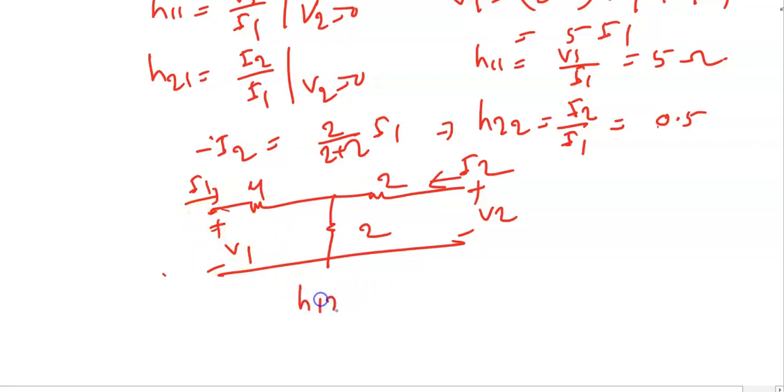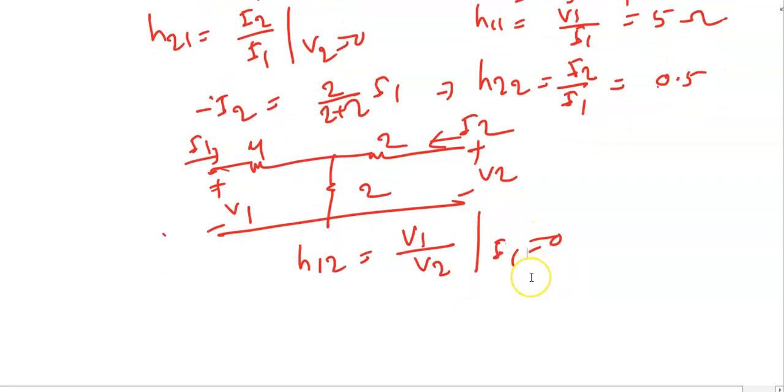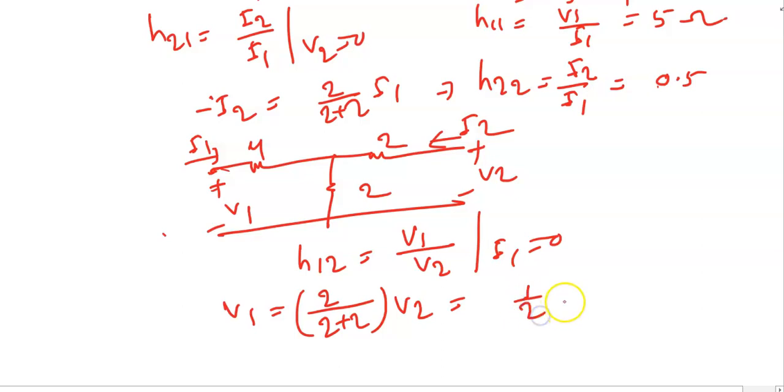So H12, which is V1 upon V2 when I1 equal to 0. You can see potential division here. V1 is equal to 2 upon 2 plus 2 V2, which is 1 upon 2 V2. So H12 is equal to V1 upon V2, which is 0.5.